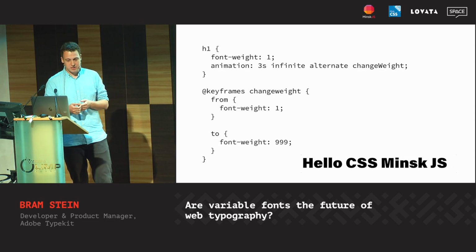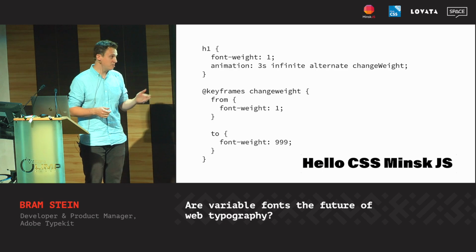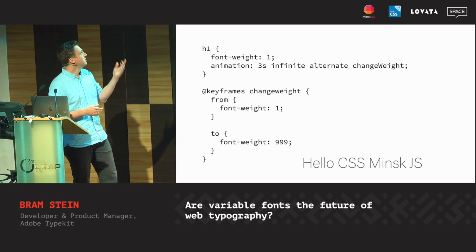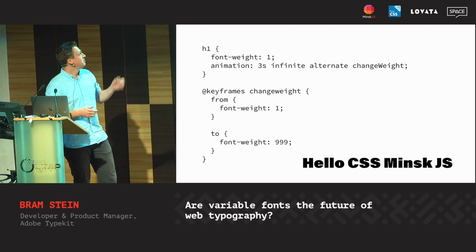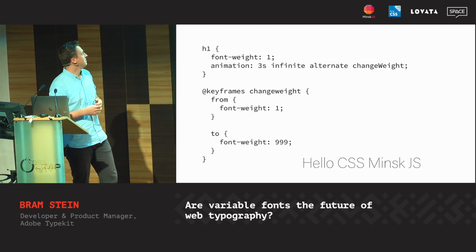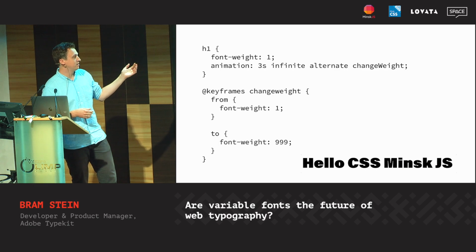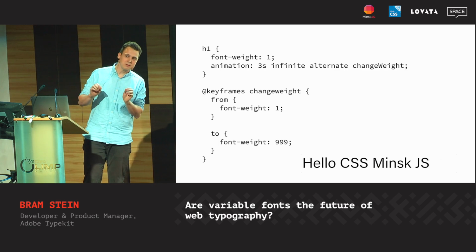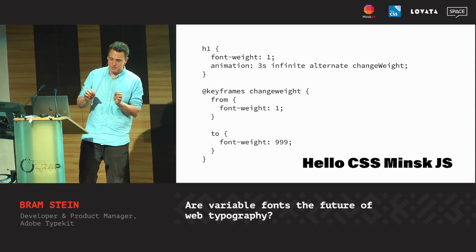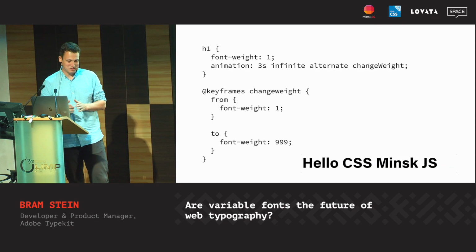So I'm not sure why you would want to do it, but you could, for example, animate the font weight like I've done here with some pretty straightforward CSS. You can say the keyframe that I create here goes from font-weight 1 to 999, and it will just do it for you. Don't do it right now, because if you do it, Chrome will crash, but that's being fixed.